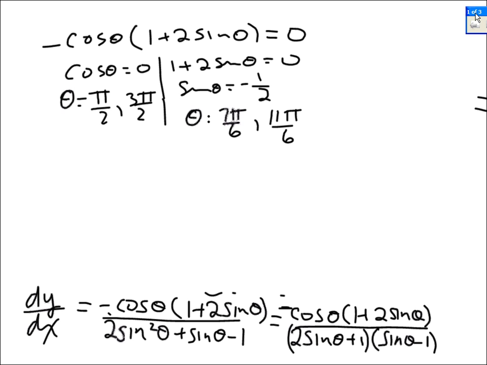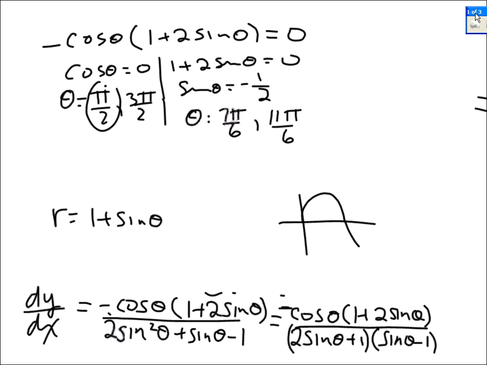Okay, so now r is equal to 1 plus sine theta. So if theta is pi over 2, and I have to keep doing this because I have no memory, sine of pi over 2 is 1. 1 plus 1 is 2. So you have r is 2, and the angle is pi over 2. That's a possible point of horizontal tangency.